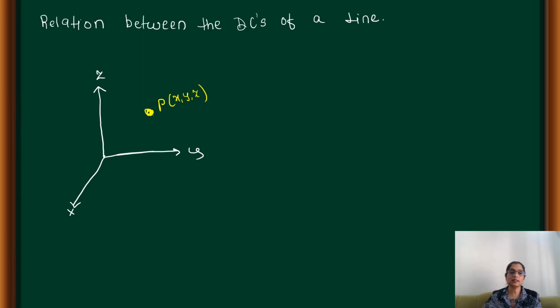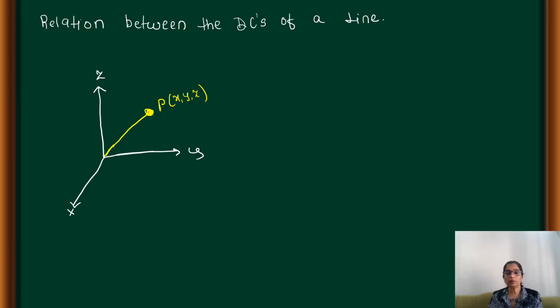And there is this line which goes from the origin and touches P. We call this line OP vector, correct? We know OP vector. What is OP vector? OP vector is the position vector of the point P.